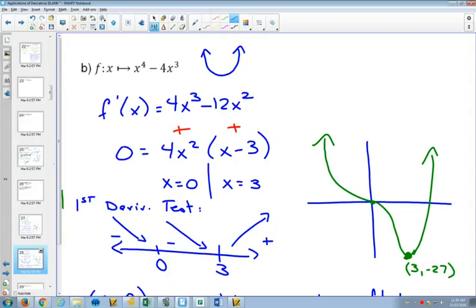So if it's an x to the 4, x to the 6, x to the 8, and it's positive, it acts like a parabola that opens up. If it's negative, it would act like a parabola opening down. All of your odd functions acted like lines. Positive odd functions had a positive slope, went from the bottom up to the top. Negative odd functions acted like negative lines.